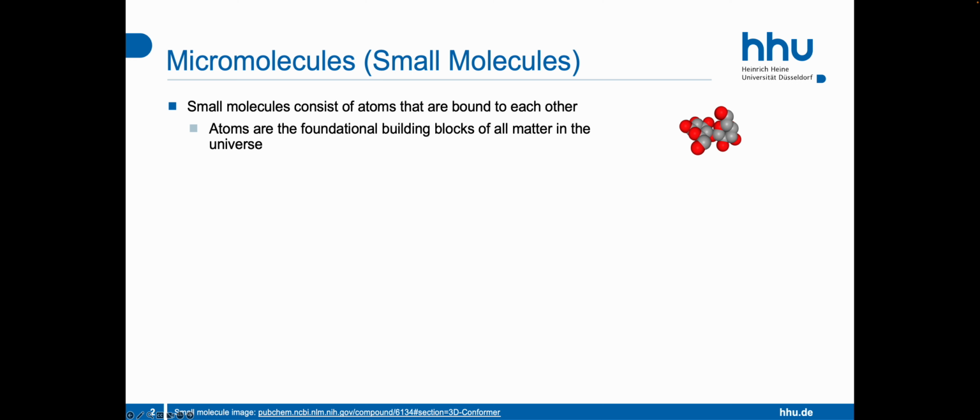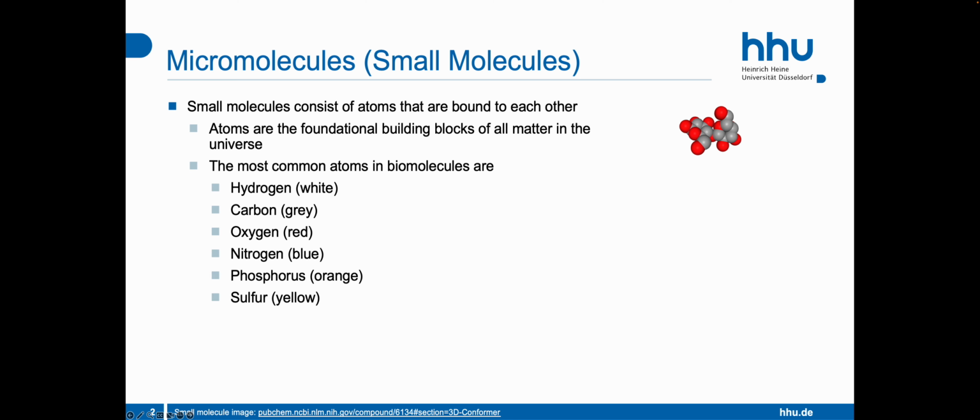So in order to understand what molecules are, we will shortly have a look at what atoms are. There exist more than 100 different atoms, or to be precise, there are 100 different atoms that can be found naturally or synthesized on Earth. However, in biomolecules, only a small subset of these atoms are typically present.